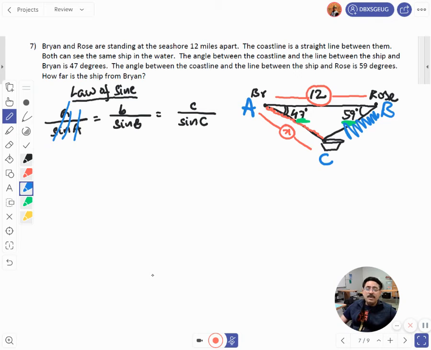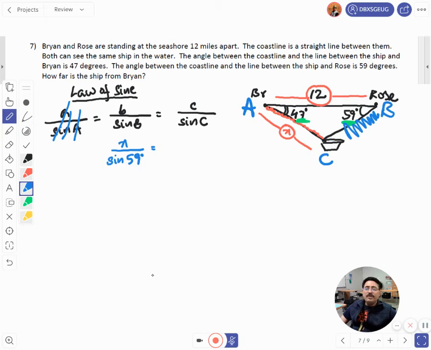Then B. Do you see that the side opposite to angle B is lowercase b? Therefore, that is x over sine B, and don't forget to take the angle.